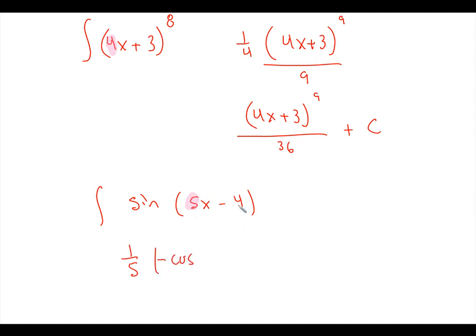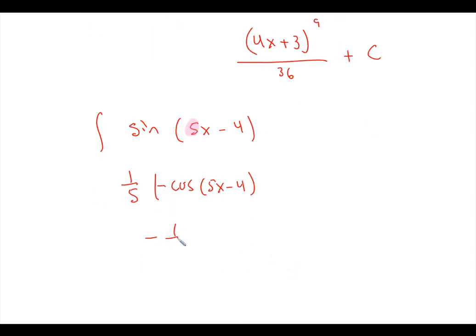And then we just copy whatever this angle is, 5x minus 4. And then we're going to have the plus c. So if we simplify this, we're going to get negative 1/5 cosine 5x minus 4, and then we have plus c. Okay?